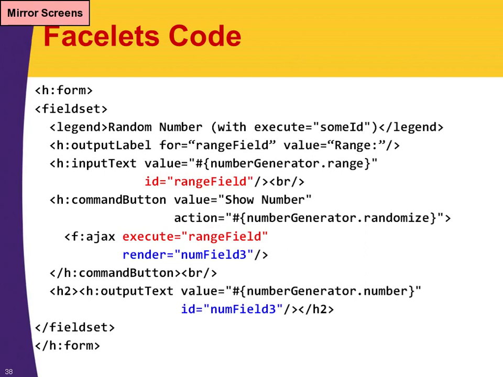The server will only see it because it's getting executed. And the execute will force the server to actually do the set of range. Then you say render. In this case, I push the button, execute that guy, which updates the value, and then render this other thing, which shows me the result. So that shows you how execute and render work together.